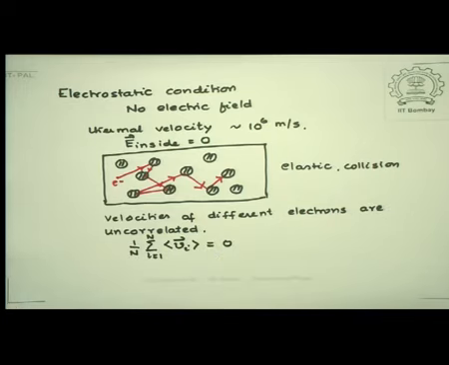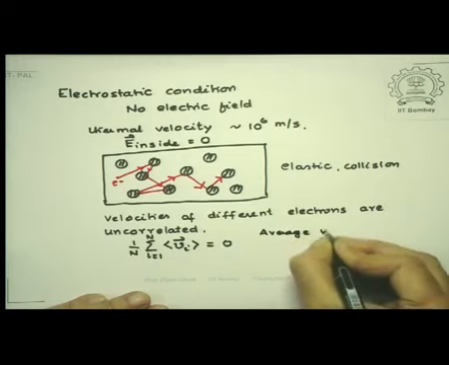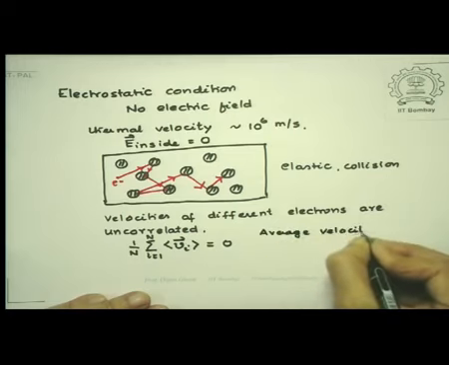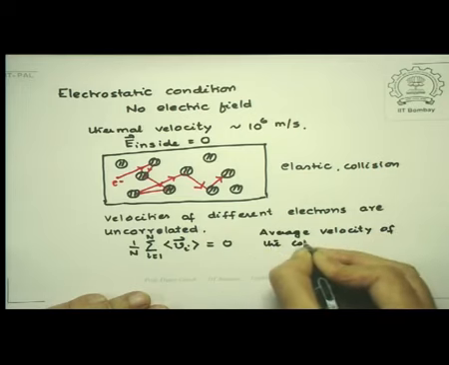This is equal to 0 because the directions of the velocities are totally uncorrelated. So the average velocity of the collection of electrons is 0.